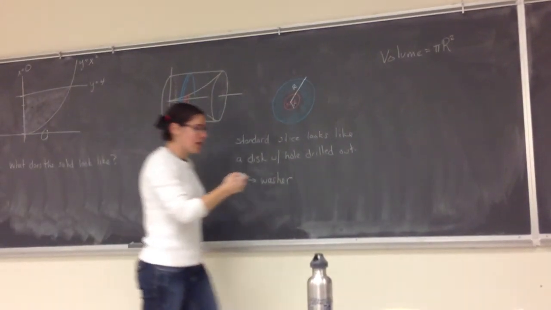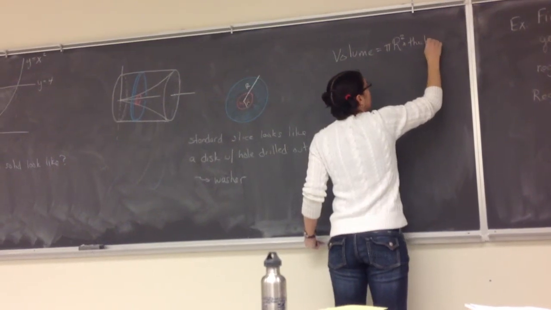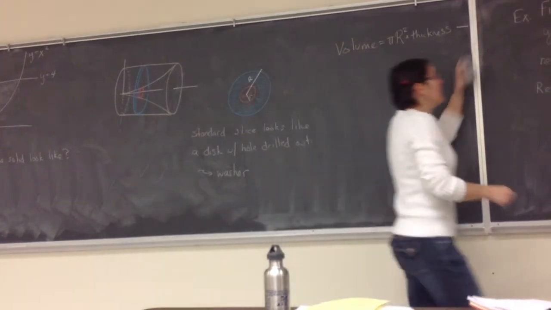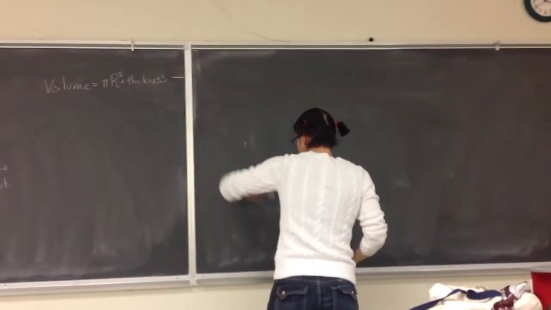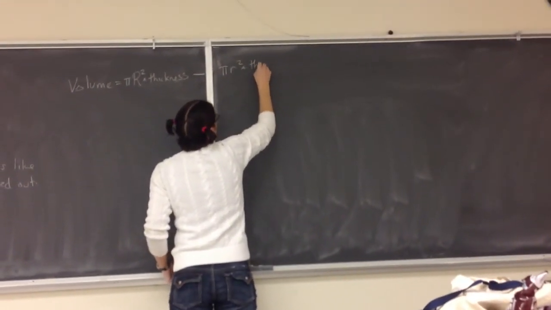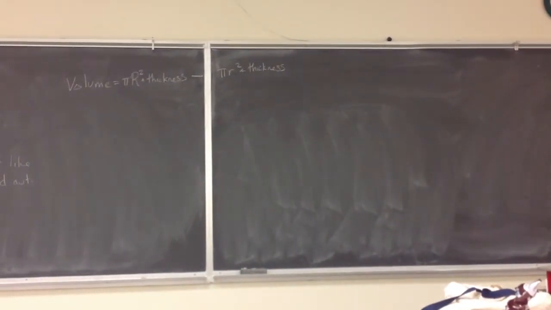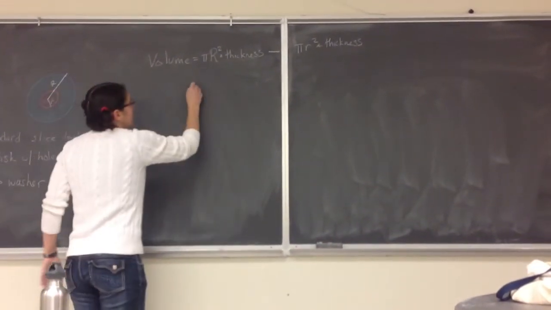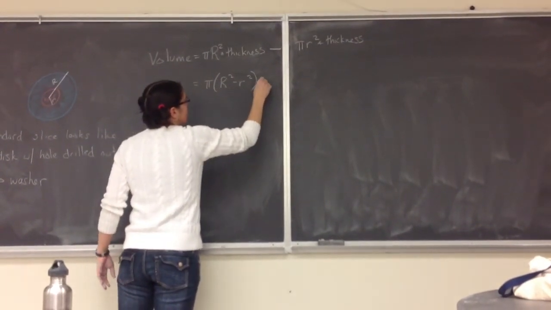So the volume is pi R squared times that thickness, minus the volume of the part that's drilled out. So minus pi times little r squared times the thickness or the height. Alright, so here's the volume of one of these washers. A nicer way to write this might be pi times big R squared minus little r squared times the thickness.